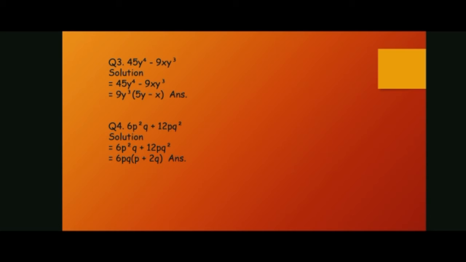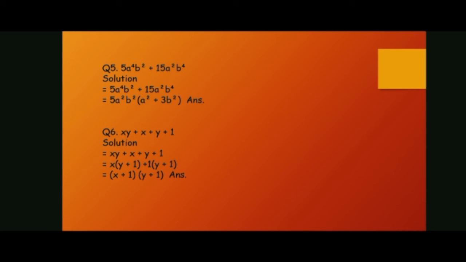Q is single here, which is outside of the bracket, so we didn't write it. Then plus sign, 6 twos are 12. P is outside of the bracket, so we don't need to write it. Q, there are 2 q's, 1 is outside, so 1 must be in the bracket. So these are the factors of 6p square q plus 12pq square.